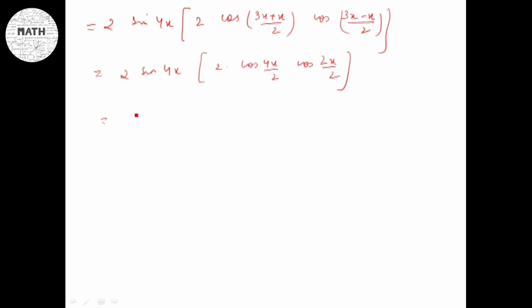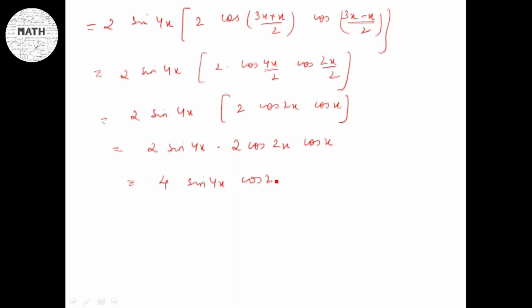So that will be 2 sin 4x, 2 cos 2x cos x, and then that will be 2 sin 4x into 2 cos 2x cos x. So 2 times 2 is 4 sin 4x cos 2x cos x, which happens to be your right hand side.